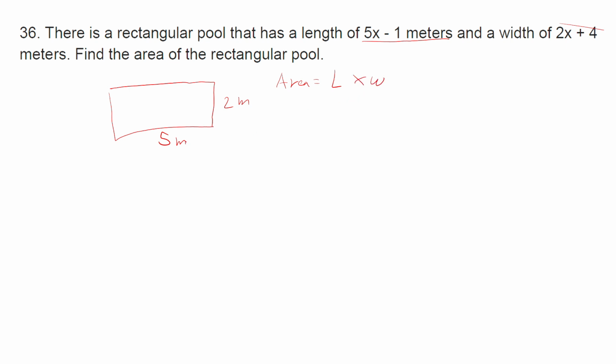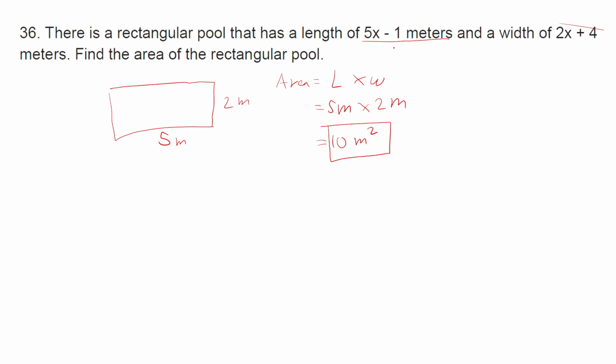What's our length here? It's the longer side, right? That's 5. I'm just giving a different example. And then our width would be 2 meters. So 5 times 2 is 10. And of course, don't forget the square meter. Meaning, when you have a length of 5 meters and a width of 2 meters, the area of the rectangle would be 10 square meters.